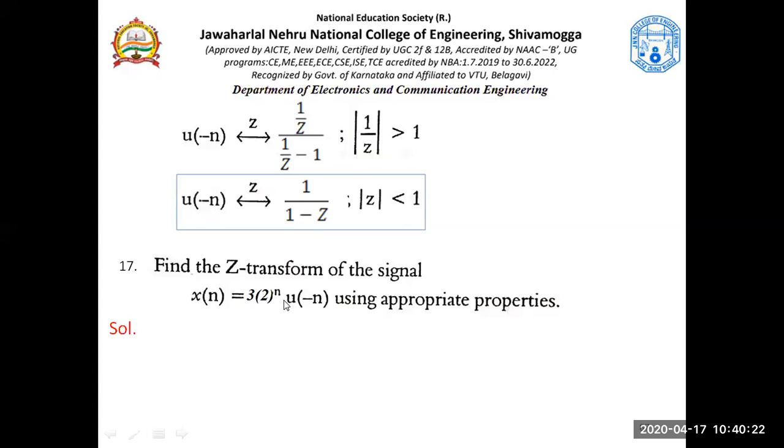What is invalid here? Leave this 3 for a while. See here, this is the standard signal, 2 power n u of n. But in 2 power n u of n, we have attached a negative sign only to this n, and we have not attached a negative sign to this n. So which is a problem?